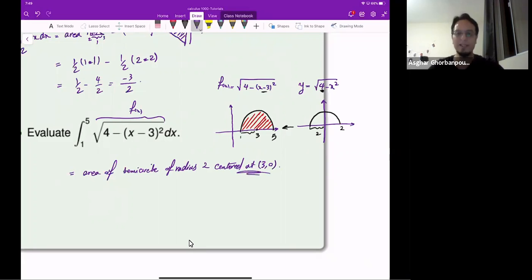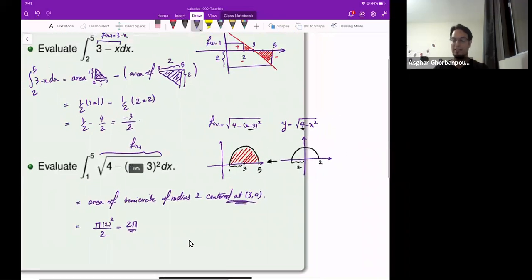Well, the area doesn't matter where is the center. What matters here is that radius, which is 2. So area of a full circle is pi r squared, but we are interested only in half of that. So this integral is 2 pi.